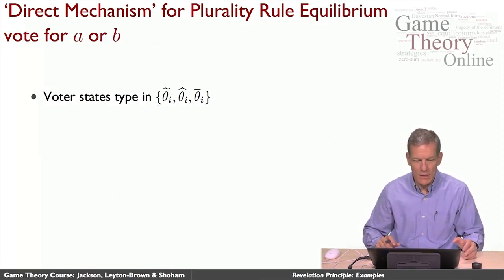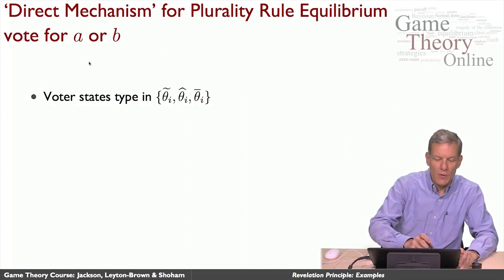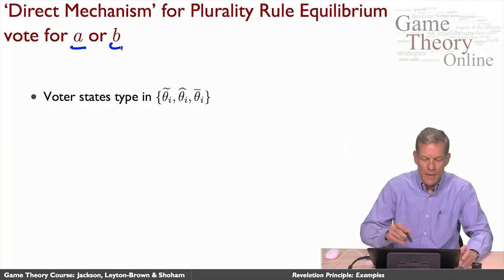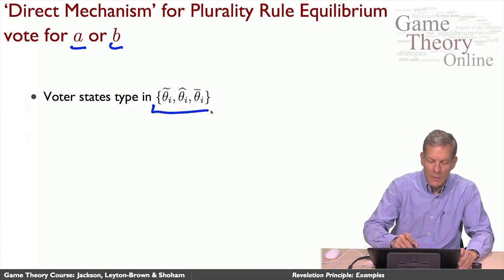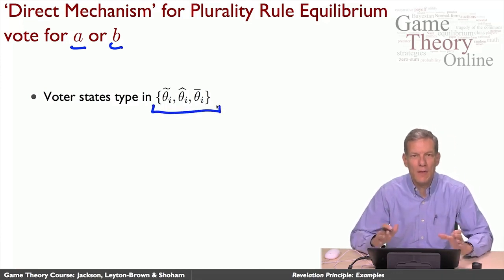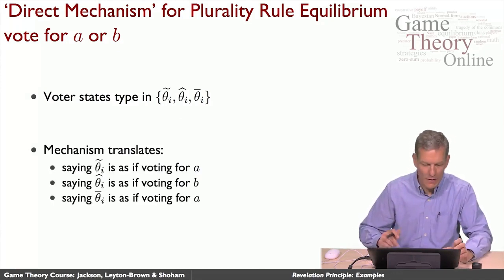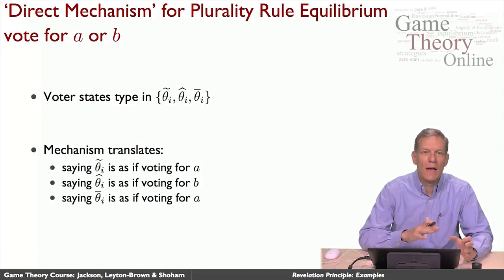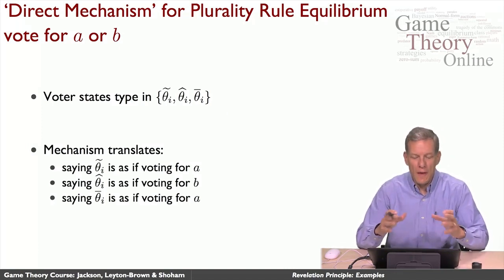Now, if we changed it to the equilibrium where people are voting either for A or B, depending on which was their favorite, then again, the direct mechanism is going to have people announcing their types. And then the mechanism is going to translate that into what they would have done.